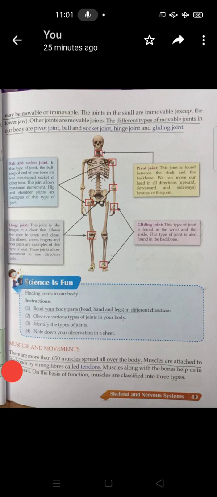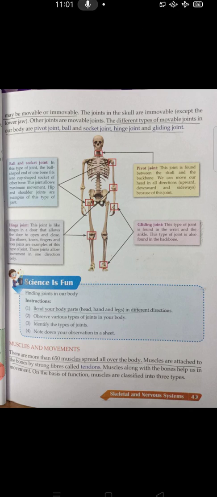Okay. So, joint means the joining together of two or more bones, we call it a joint. The joints may be mobile or immovable. Except for the bones in our skull, all the joints are mobile.